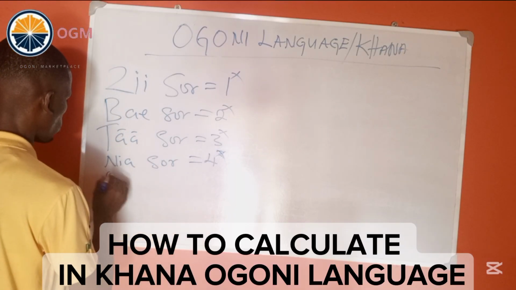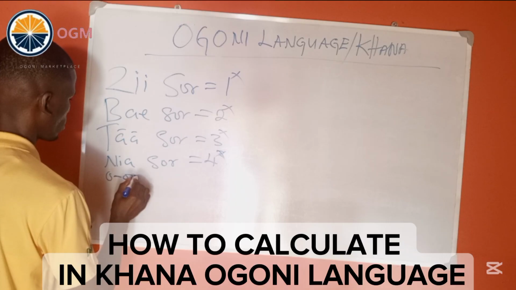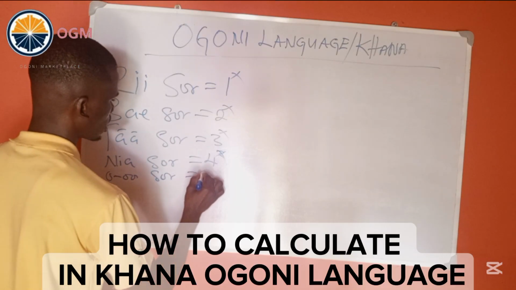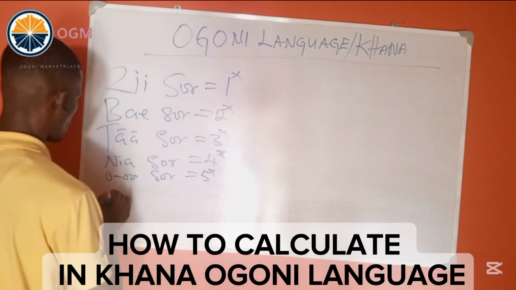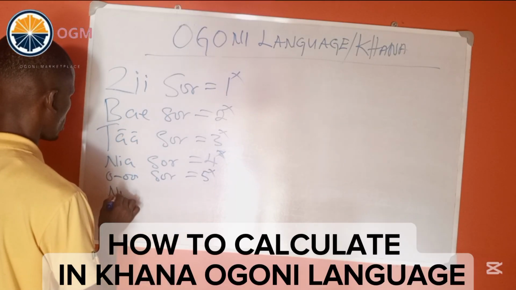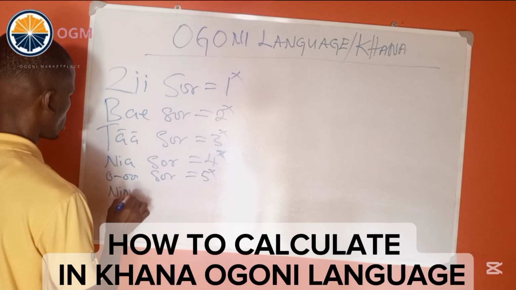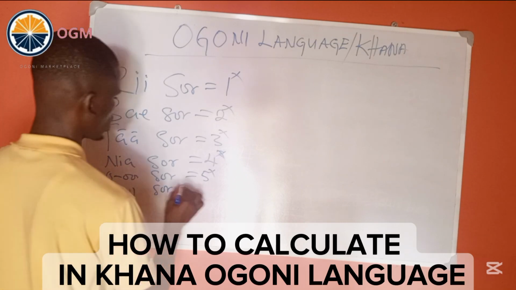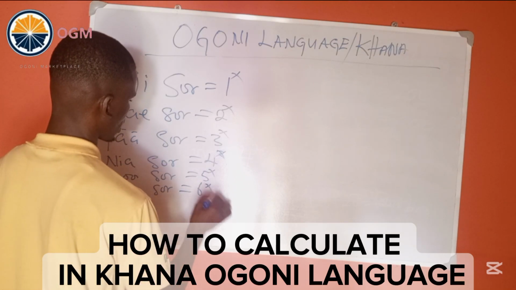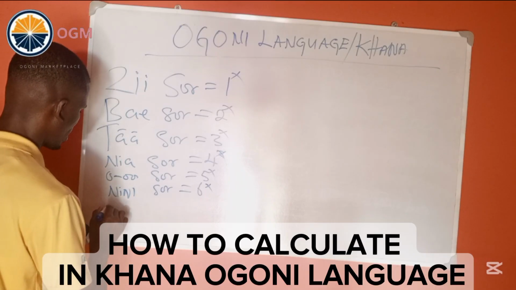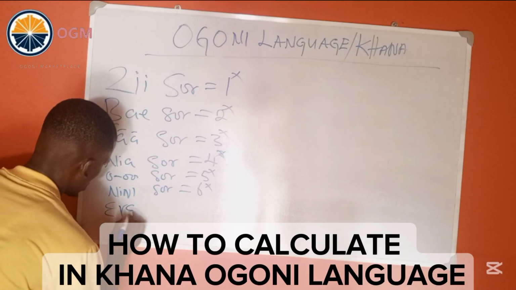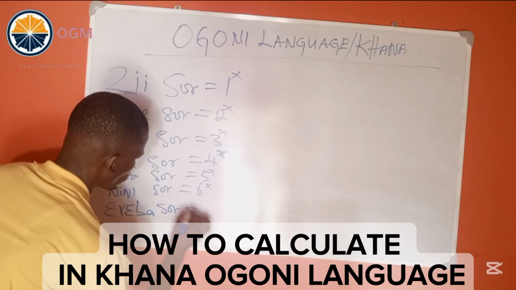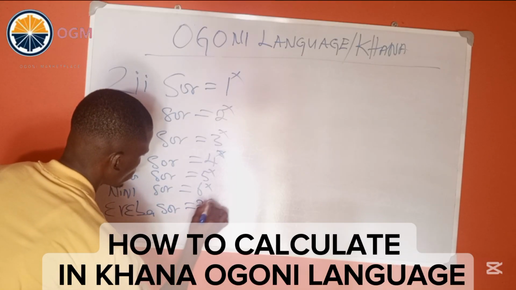We have son, which is 5x. We have in son, which is 6x. Here we have reba son, which is 7x.